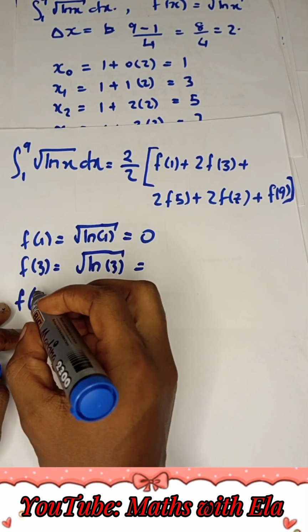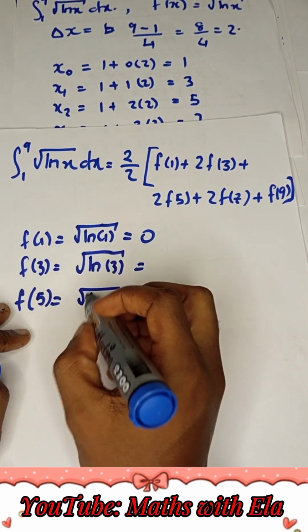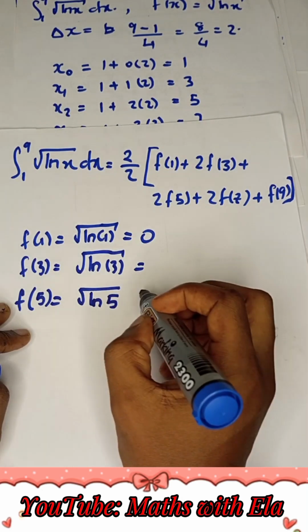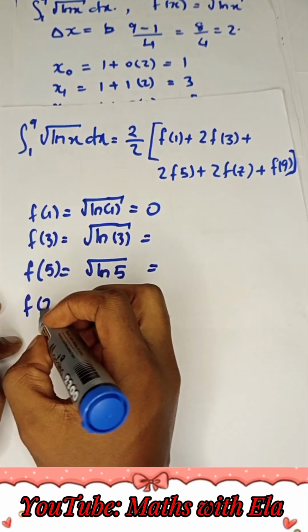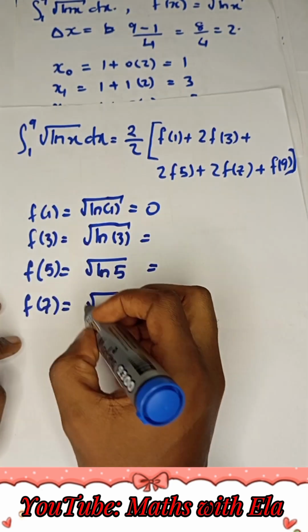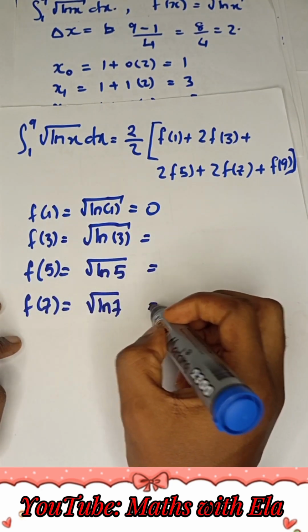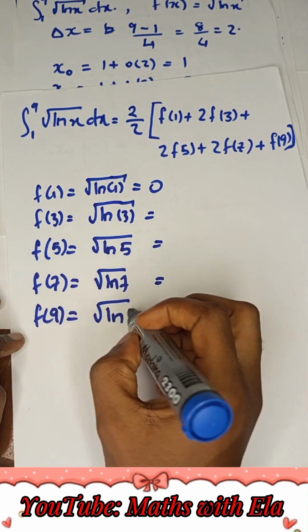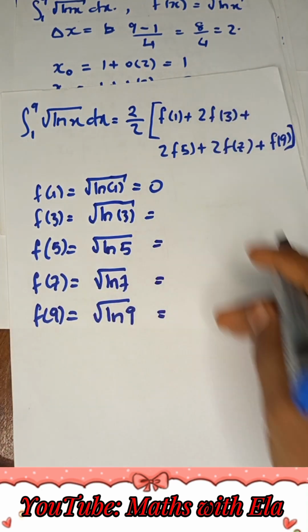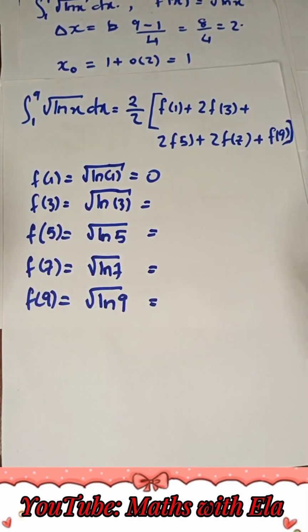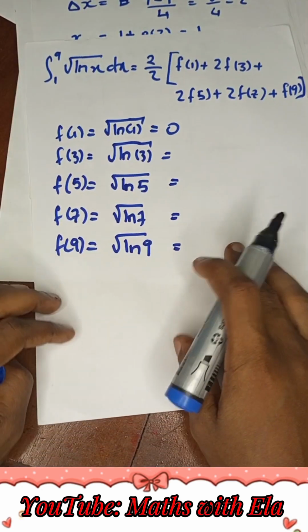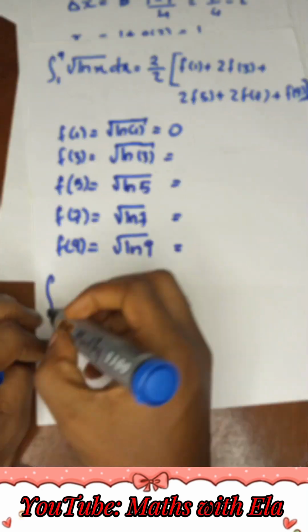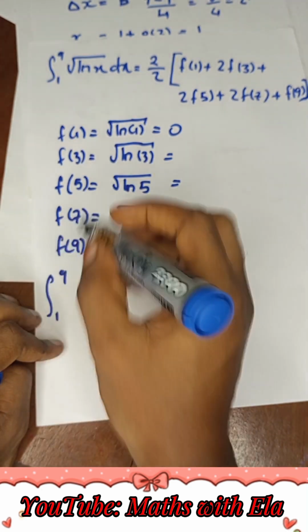F of 5 will be the square root of ln 5. F of 7 will be the square root of ln 7. F of 9 will be the square root of ln 9. You punch all of these on your calculator, you're going to have some value. And then we just take those values and we substitute into our formula.